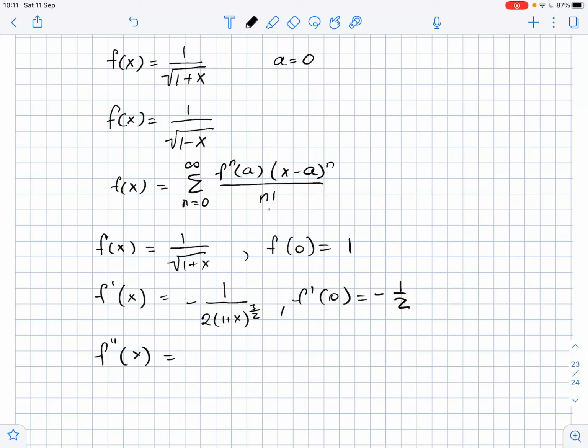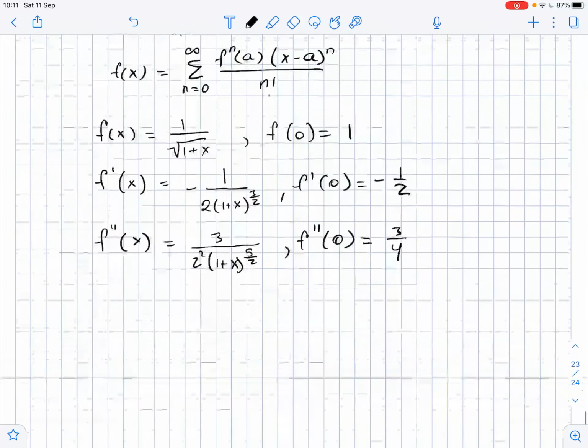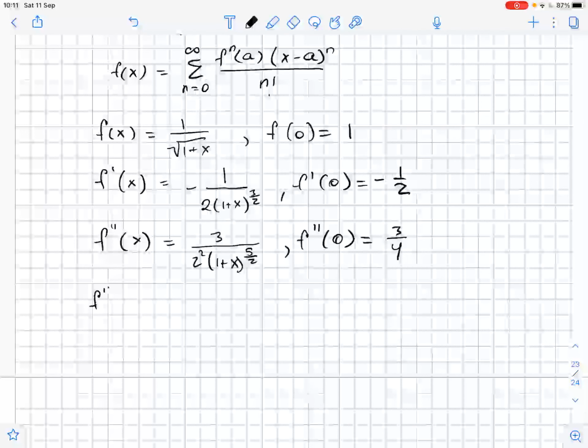The second order derivative of f of x equals 3 over 2 squared times 1 plus x to the power of 5 over 2. Then the second order derivative of f of 0 equals 3 over 4.